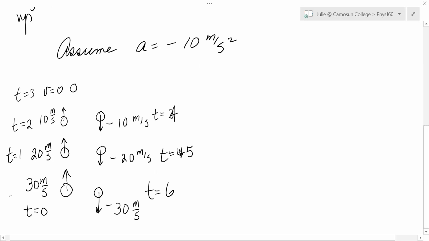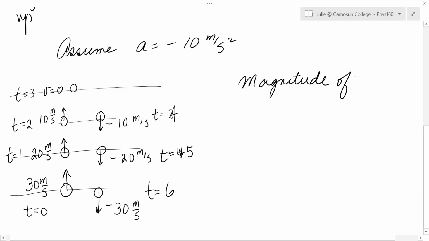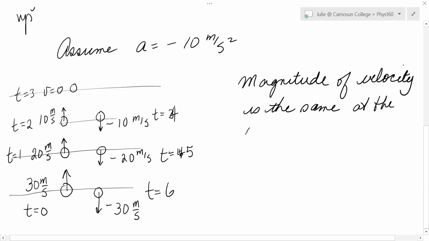First of all, notice how at the same height above the ground, whether it's on the way up or the way down, the magnitude of the velocity, which just means its speed, is the same at the same heights.